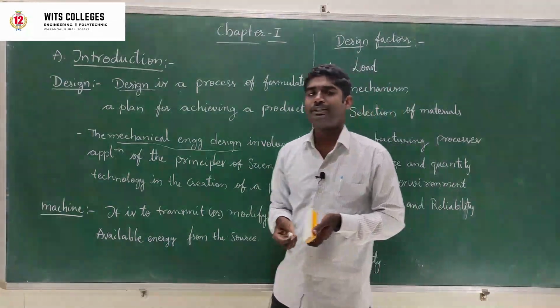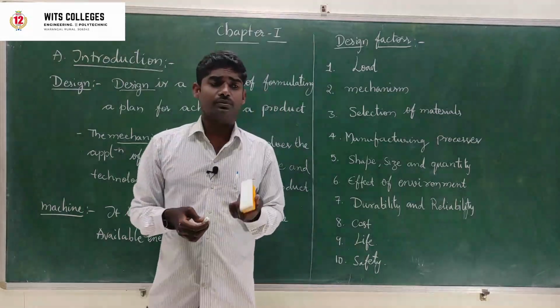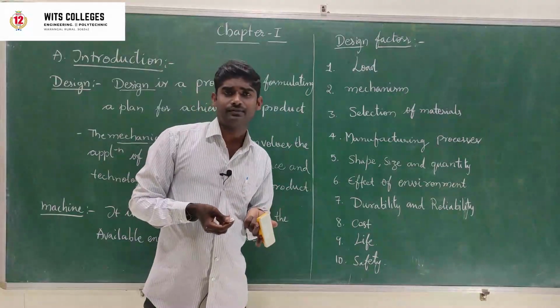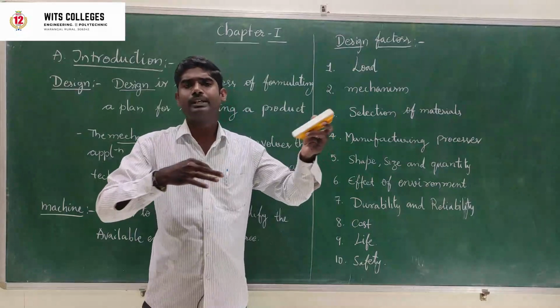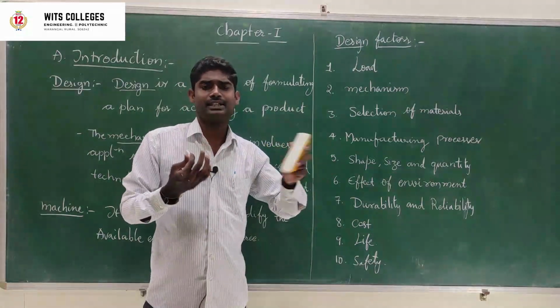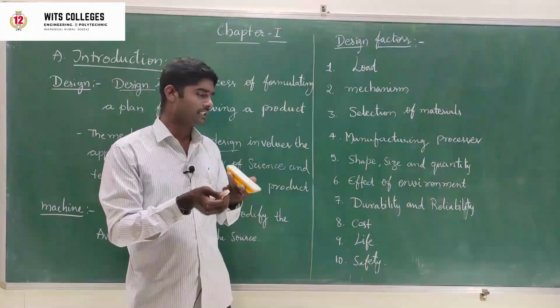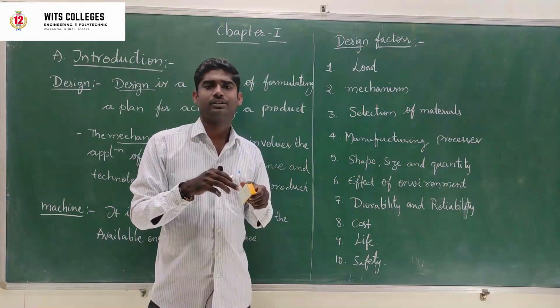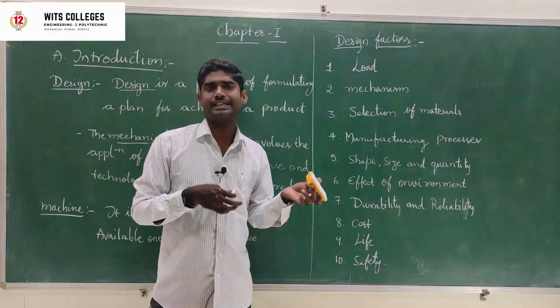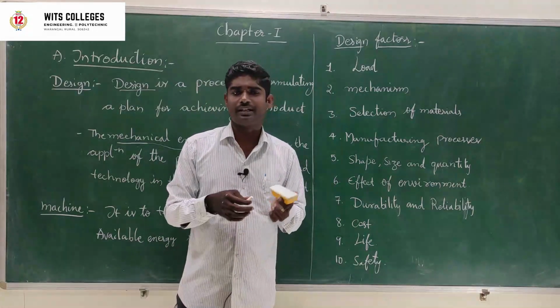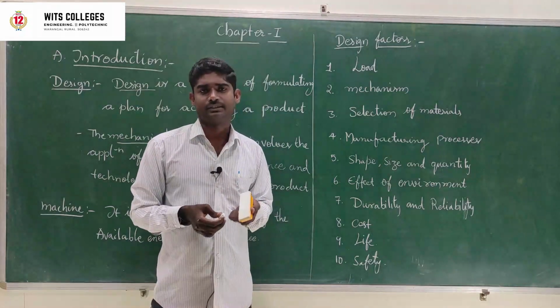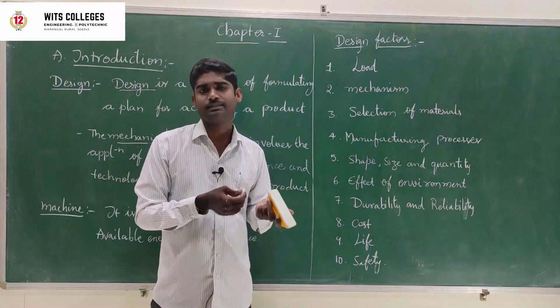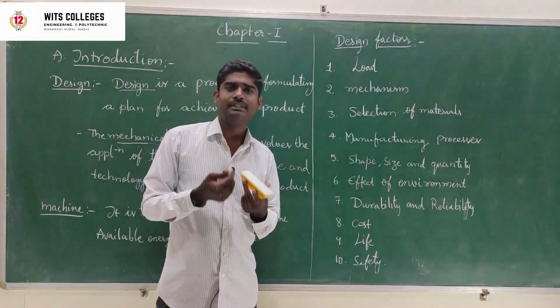This is called mechanical engineering design. Next, if you want to manufacture any machine, there are so many elements. Take a lathe machine: tailstock, headstock, nuts, bolts, base, carriage, tool post. These are important elements in a lathe machine.